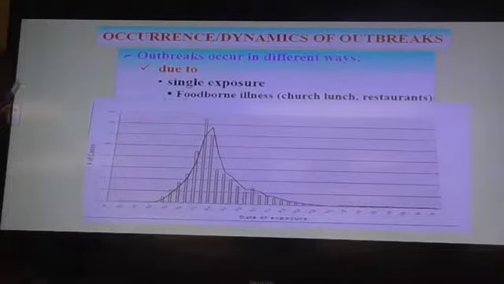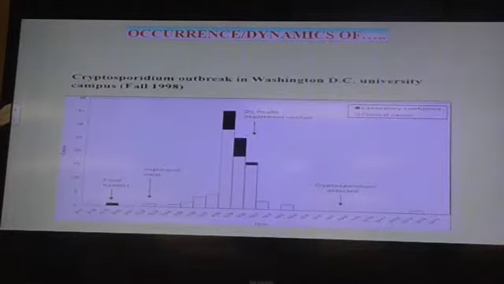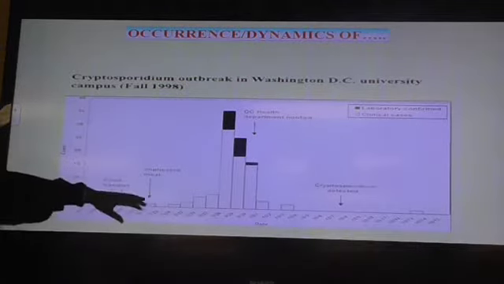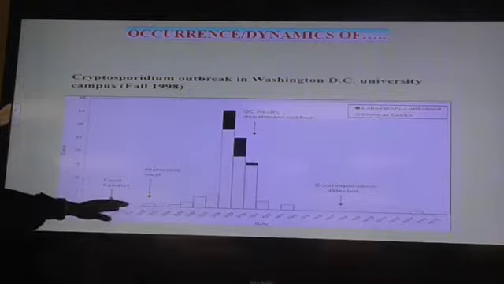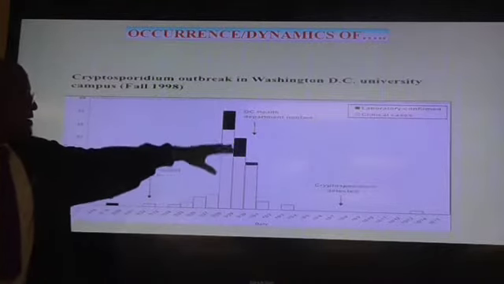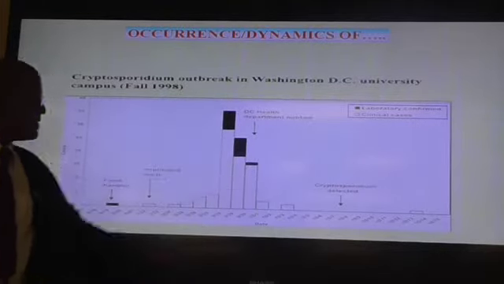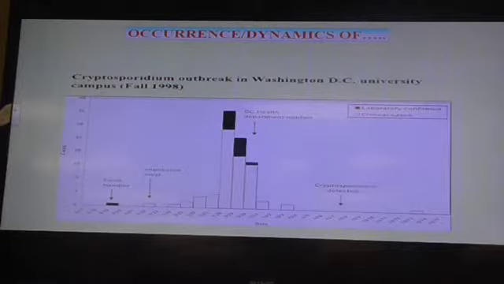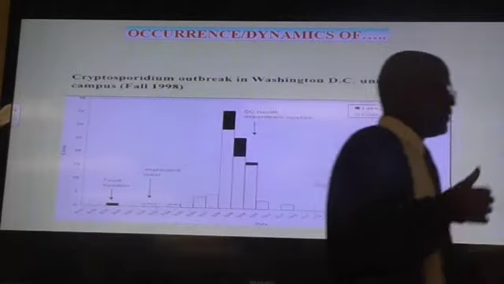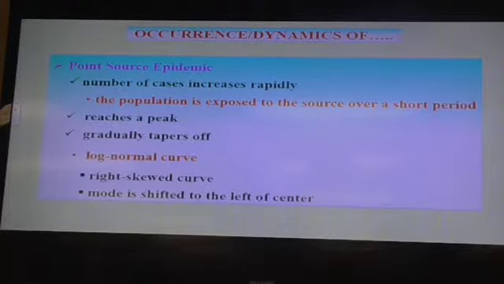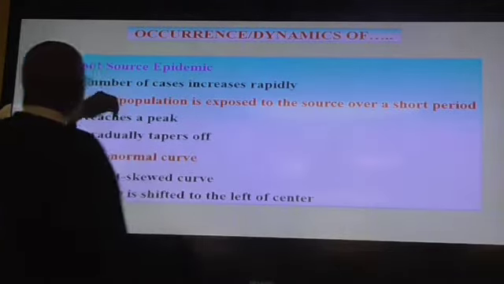In this case, a lot of people are exposed at one time, at a single point in time, and that leads to a sharp increase in the number of cases, and then that decreases gradually to the previous level. So these are some of the characteristics of point source epidemic.